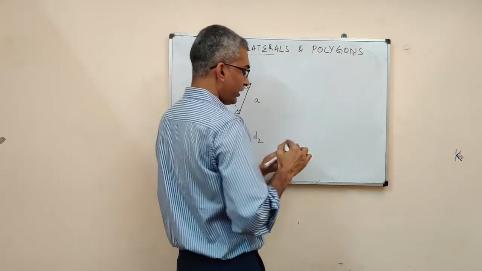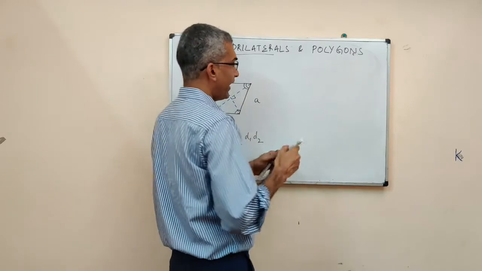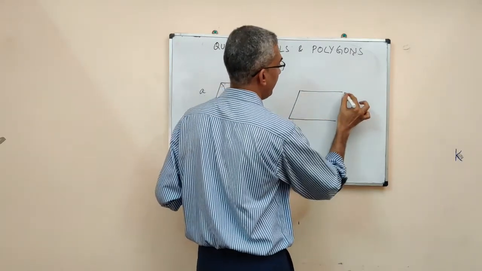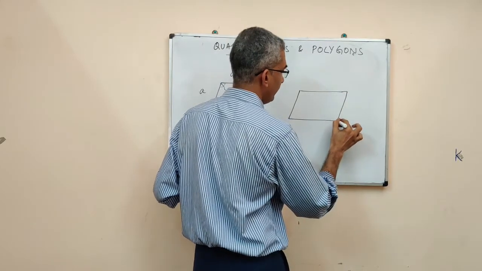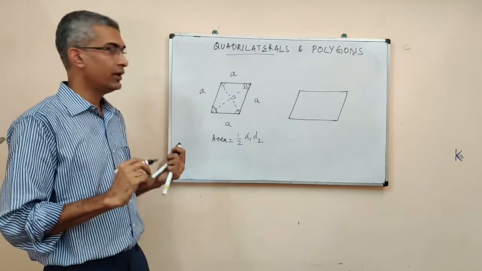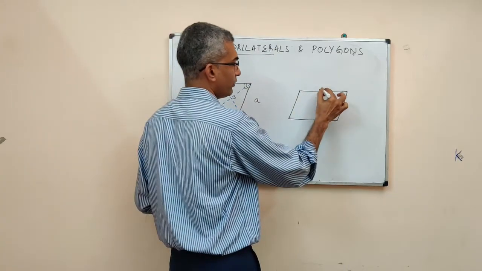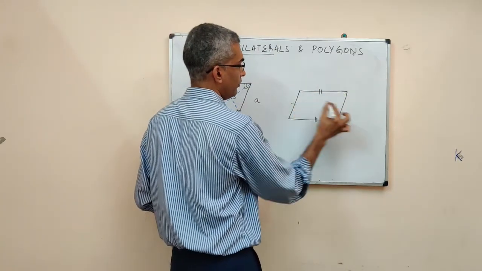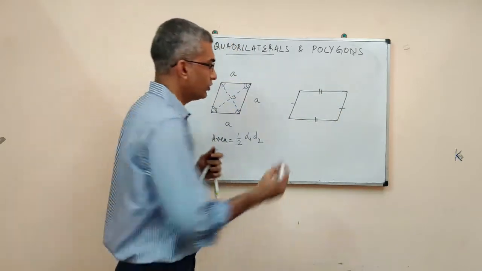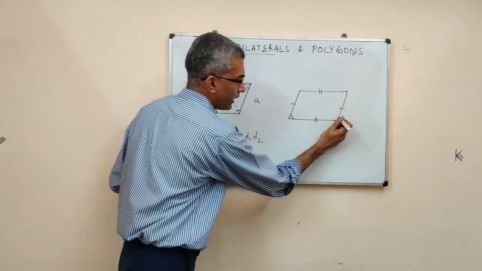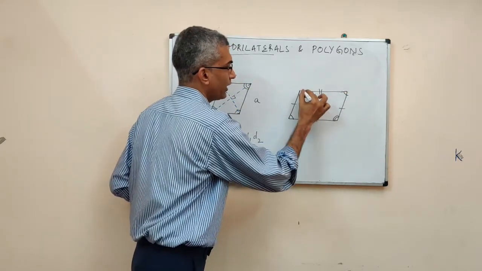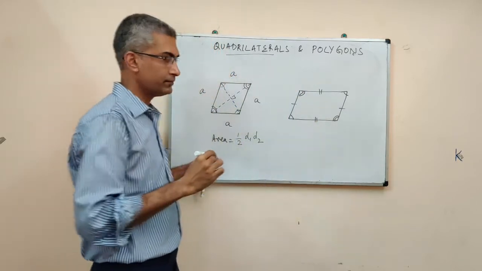The next common quadrilateral is the parallelogram. If you tilt the rectangle, you get the parallelogram. In a parallelogram, the opposite sides are equal, but the adjacent sides are not perpendicular. This angle will not be 90, this angle also will not be 90. These 2 angles will be the same, the opposite angles will be the same.